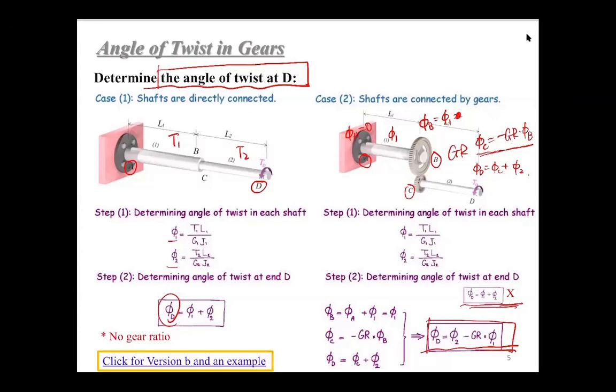You can see that it's not equal to phi 1 plus phi 2. It equals phi 2 minus gear ratio times phi 1 because of these gears. The gears introduce a negative sign here, because when you add this TD, gear C will be turning in this direction, but B will be turning in the opposite direction.